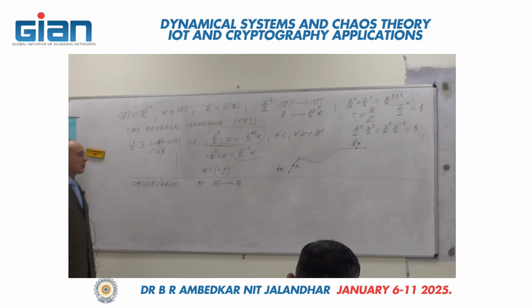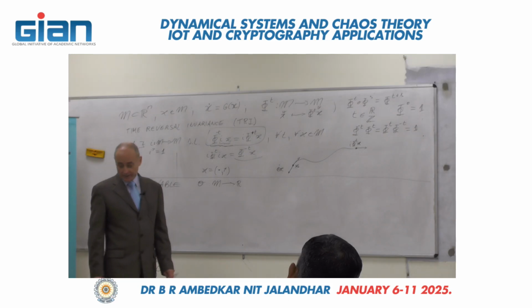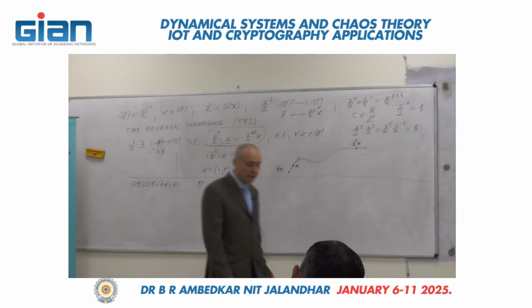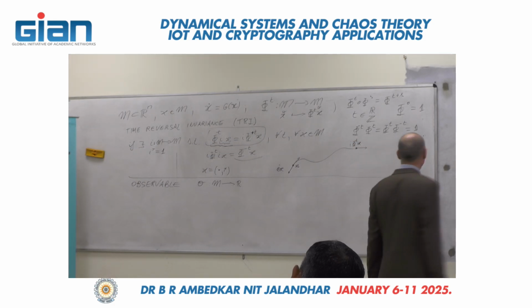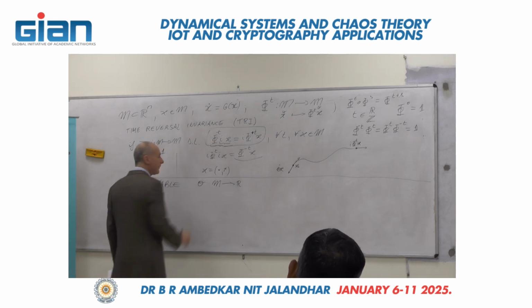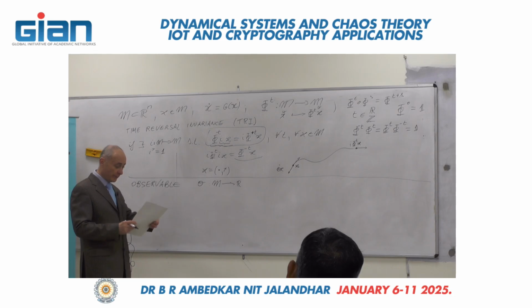So the temperature in particular can take positive and negative values in the Celsius scale. In the Kelvin scale, it can only take positive values. Just a function like this, we call it observable.